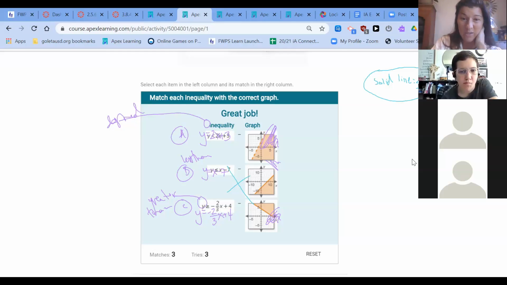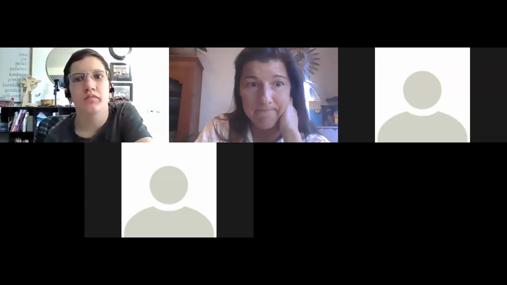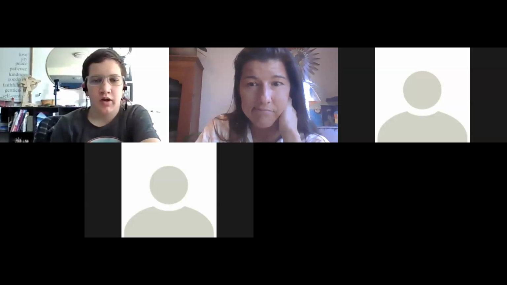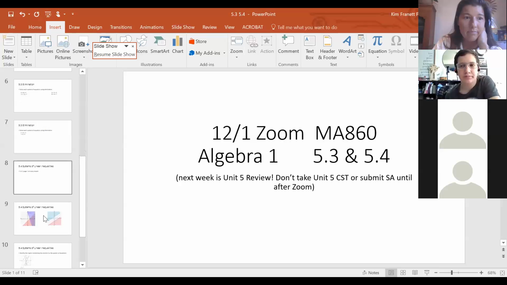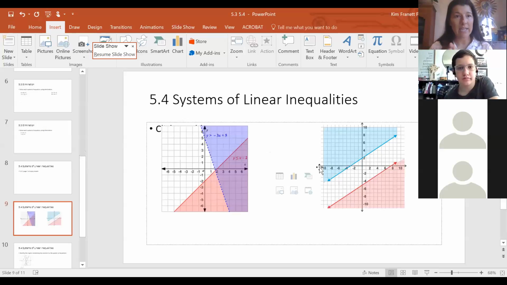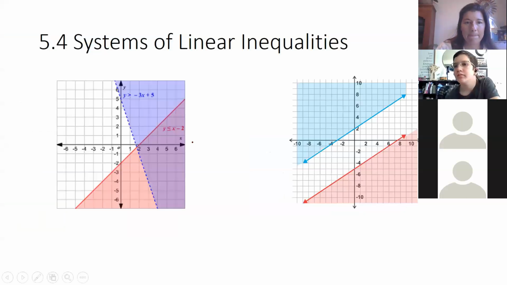So what we're looking for is where both of the solution sets are. Okay, so here's a couple examples of what we're going to see in 5.4. So notice this leftmost one.